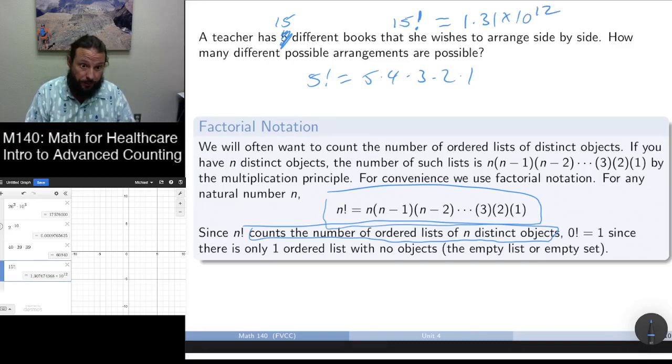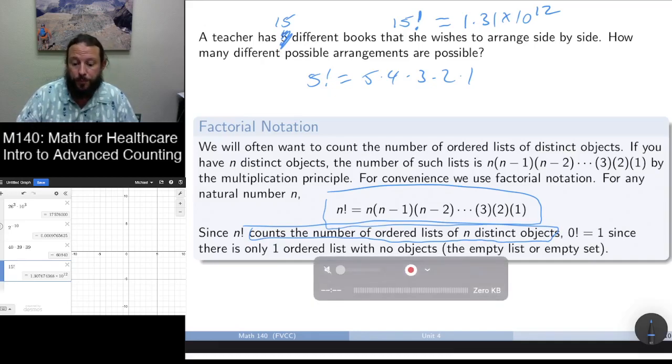Very large number, bigger than a billion by a bit. About a trillion. You should think about how big those numbers are. Notice 5 factorial is only 120, 15 factorial is 10 to the 12. Factorials grow extremely large, quickly.